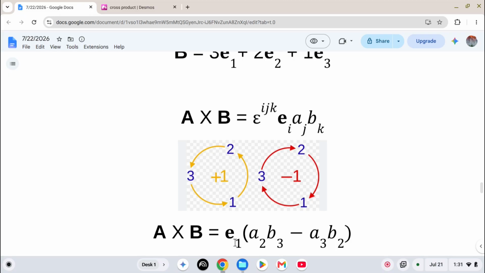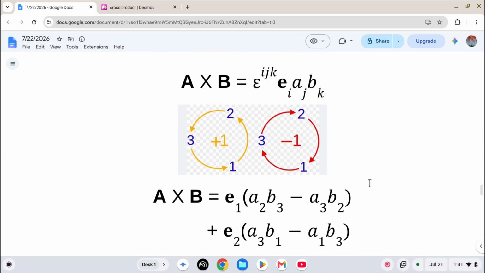So as an example, I do 1, 2, 3, and I know that's positive. So this is E1, A2, B3. I'll write that down. The next one I'm going to do is the negative, which would be, do you see the arrows? 1, 3, 2. So it's going to be E1, A3, B2. Do you see what I'm doing?